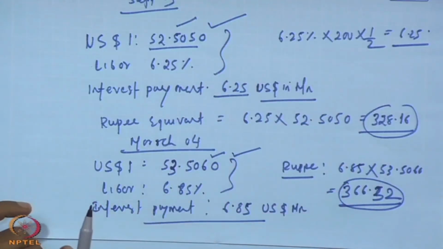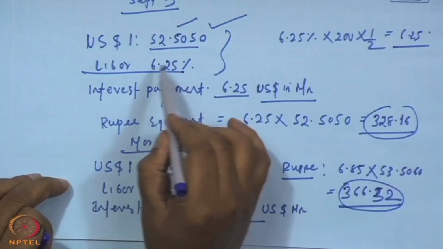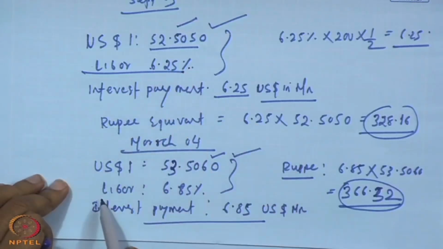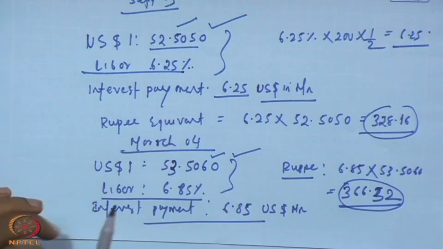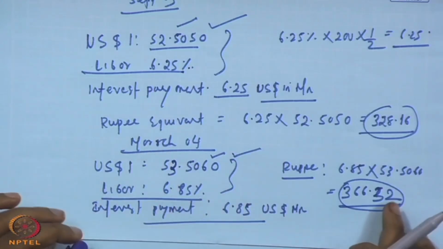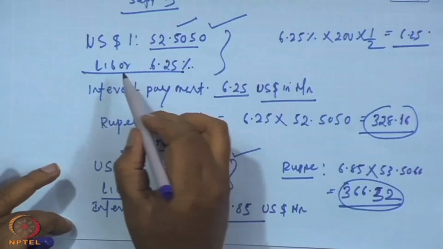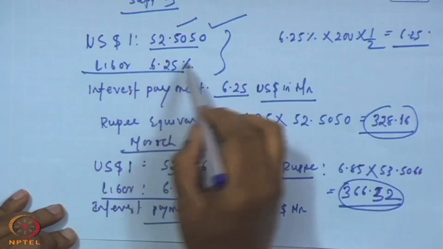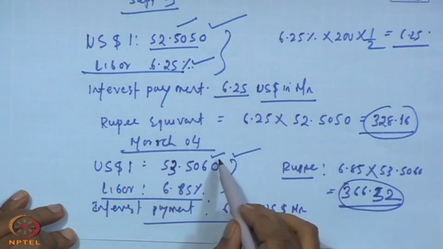The second reason is that LIBOR is fluctuating from 6.25 to 6.85. Because of these two reasons the Indian company is paying more, and he has not purchased any kind of risk management product to make the LIBOR constant or to make the rupee constant.